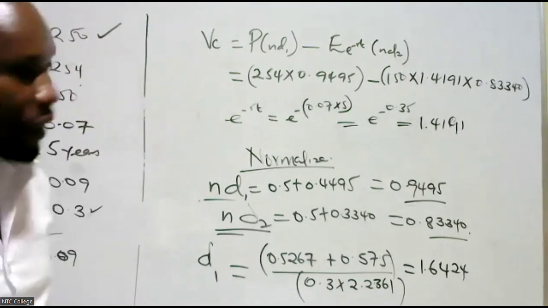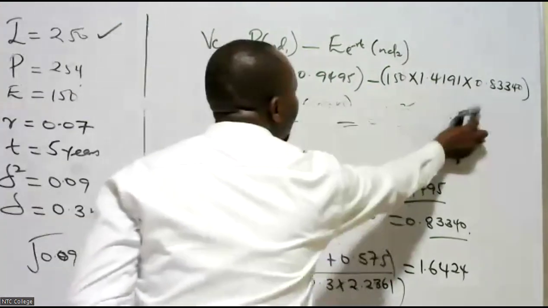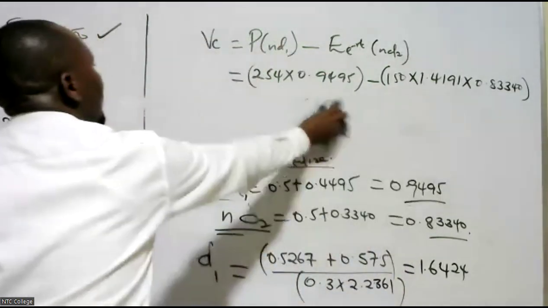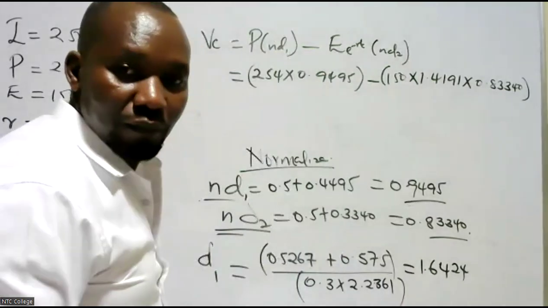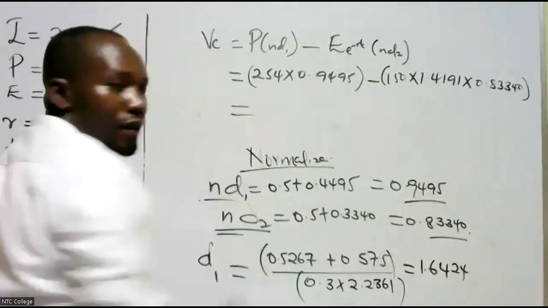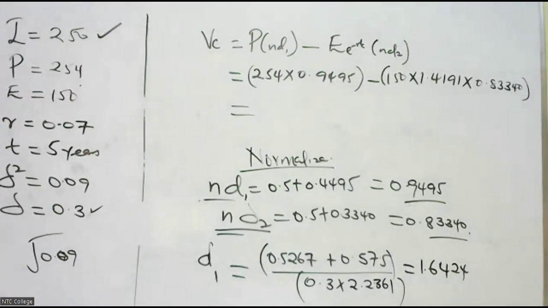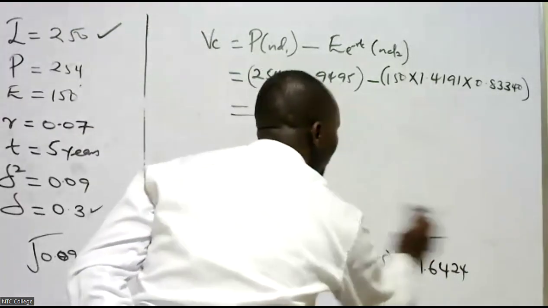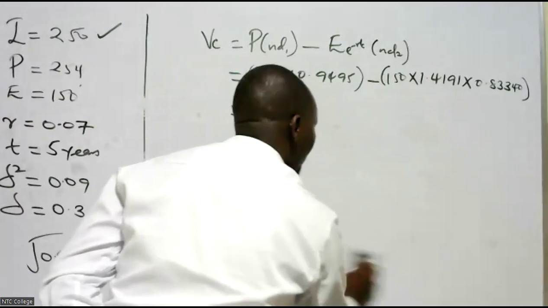So what are you getting as the value of call? Value of call option. I just want the value of call option, then we get the put because it was supposed to be abandoned.